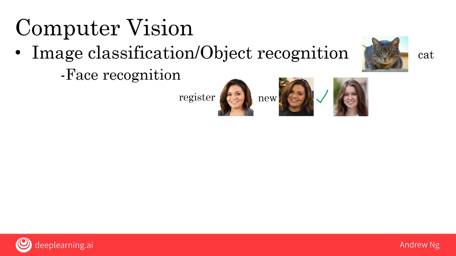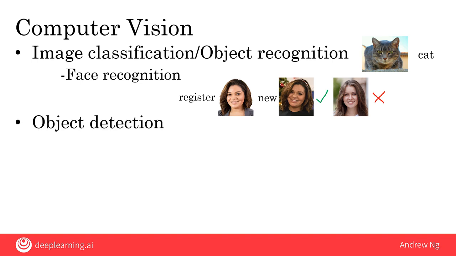Or is this a different person? So that it can decide if it should unlock the door or unlock the cell phone, unlock the laptop, or something else based on the identity of the person. Of course, I hope face recognition will only be used in ways that respect individuals' privacy. We'll talk more about AI and society next week as well.